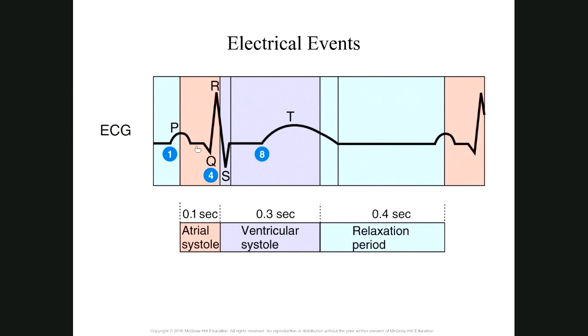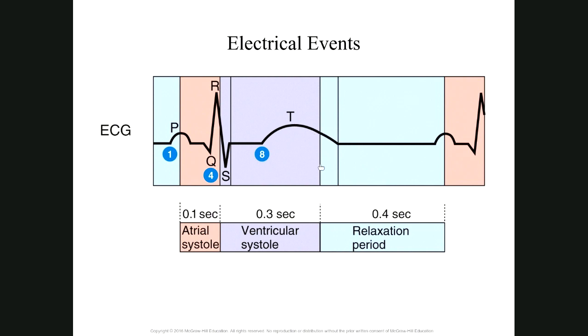After that, we have the QRS complex, which is the ventricular contraction and ventricular systole. And at this time, our atria go to relaxation. During this time, your ventricle remains in contraction, which we call isovolumetric contraction. And then our ventricle becomes relaxed, and you can see it by the T wave.